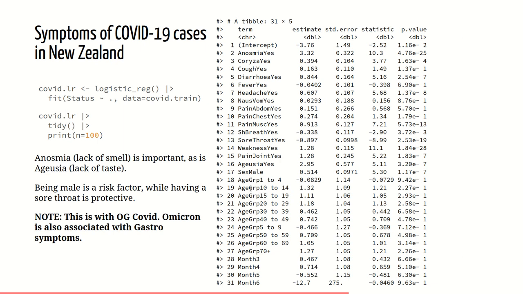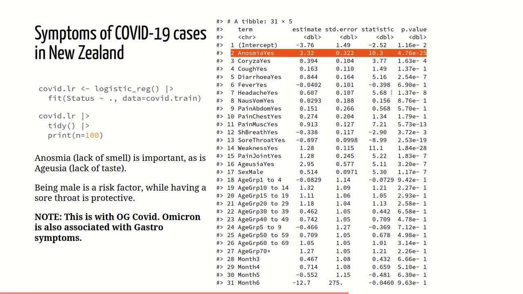Okay, and we could fit a logistic regression to this data just by fitting everything, right? And we get this big output in the summary table, and just going down it and looking at the things that are important, we've got a very low p-value for anosmia, which is the lack of smell. And so if you said yes to that, you're much more likely to be a case. There are some protective factors.